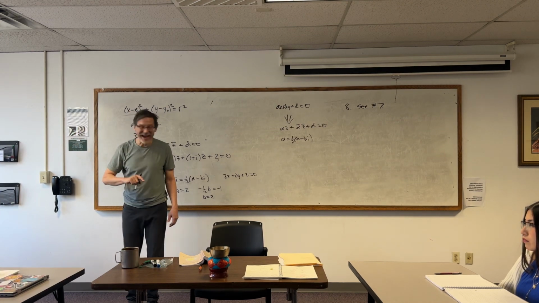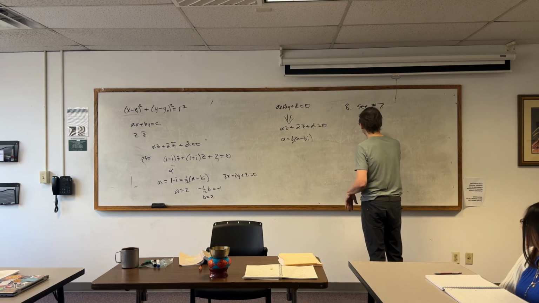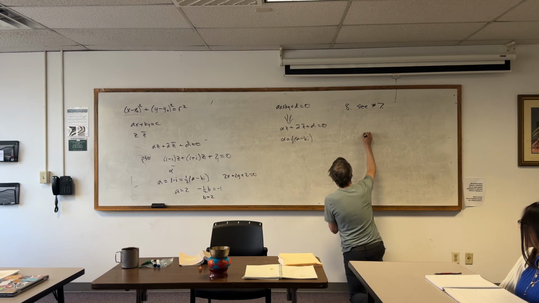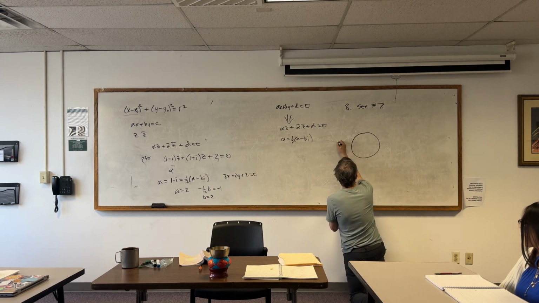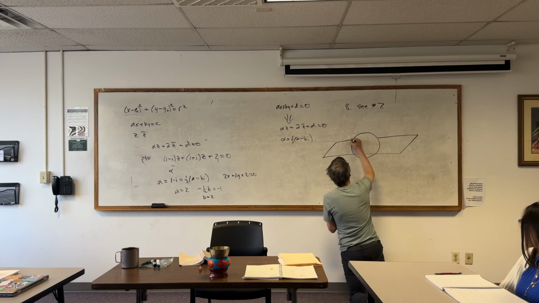So stereographic projection, you can do this two ways. The way our book does it is we take a unit sphere and we sink it into the plane, so that the plane is cutting through right in the middle there.